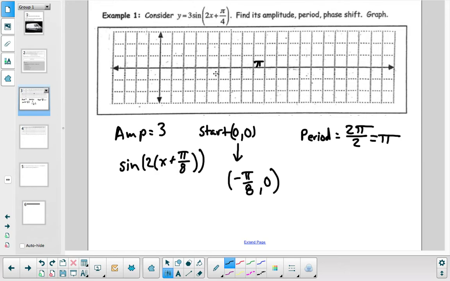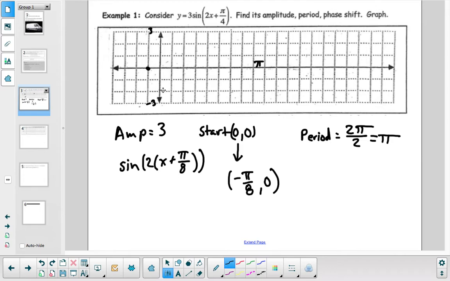This coordinate right here would be negative pi over 8, our starting position. And that's the reason why I'm doing it this way. You'll see in the next one that I'll probably make it a little simpler. Our amplitude is 3, so make sure you have 3 on there. You can change your scale a little bit, but I'm going to use it this way.